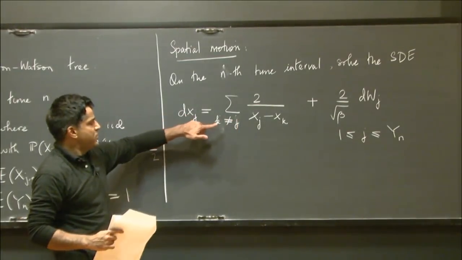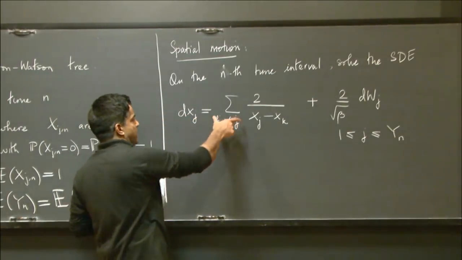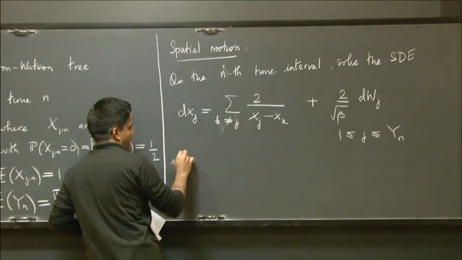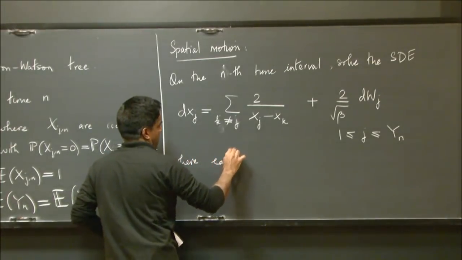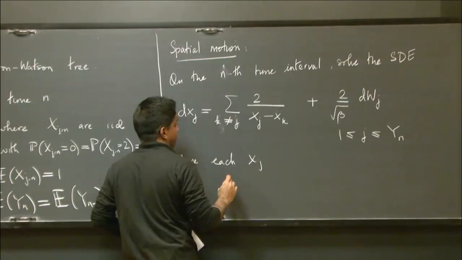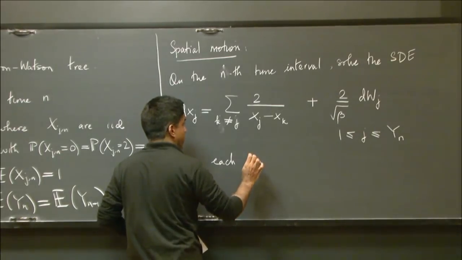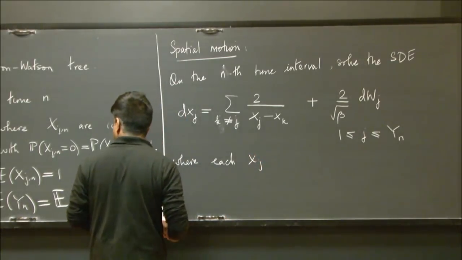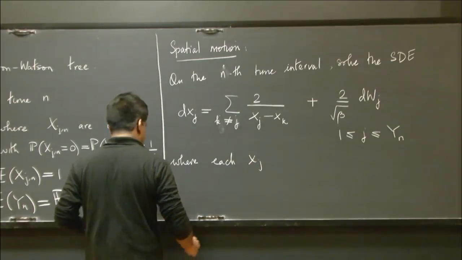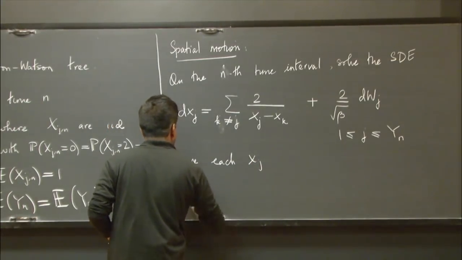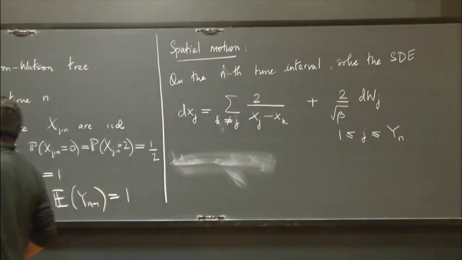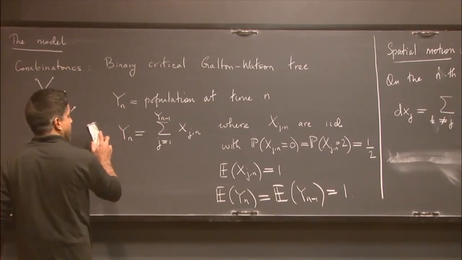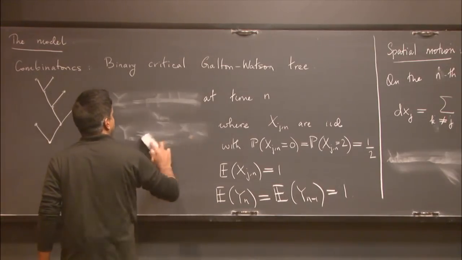What's going to happen is that I'm going to solve this differential equation, but the initial condition for X_j, so okay, how do I put this? Let me explain it just right next to this picture.